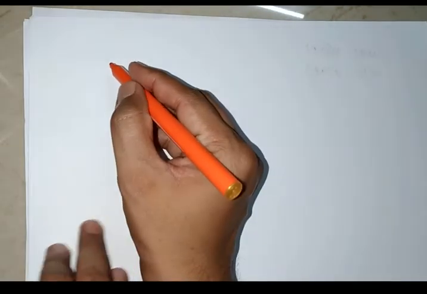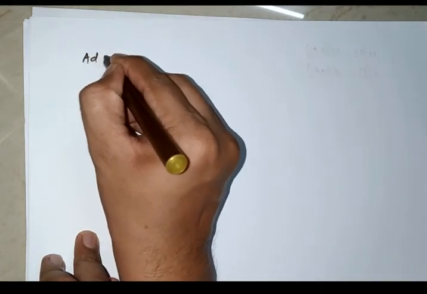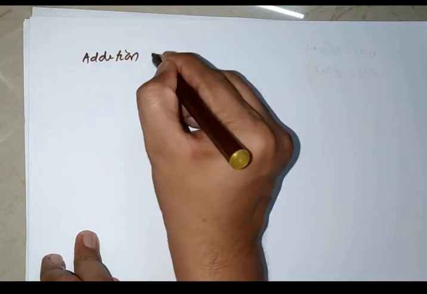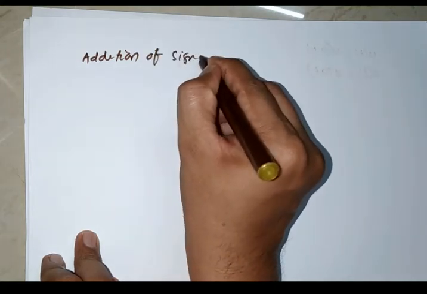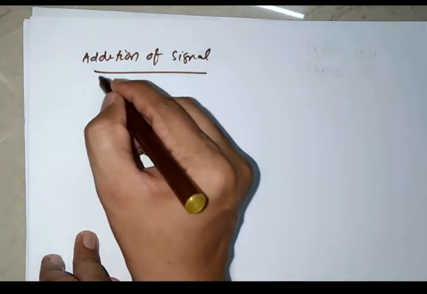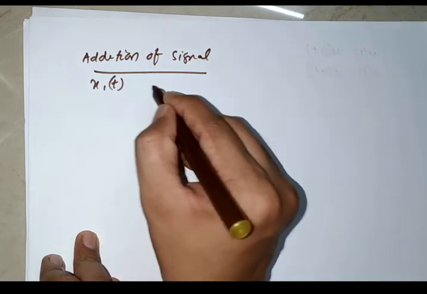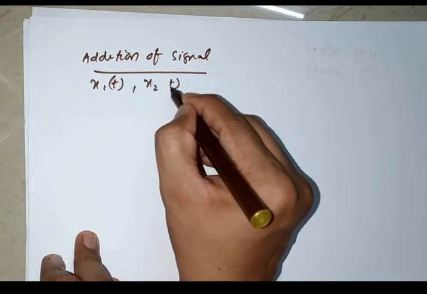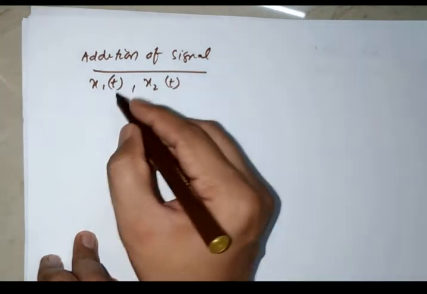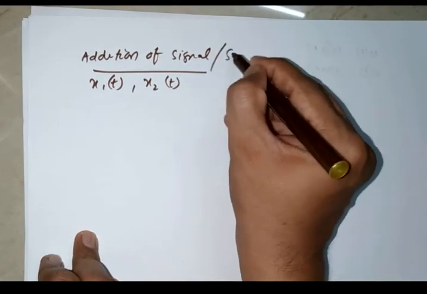Okay, today we will discuss some more operations on signals and some more problems. First is addition of a signal. Let x1(t) be one continuous time signal, x2(t) another continuous time signal, then addition, or you can say subtraction also.